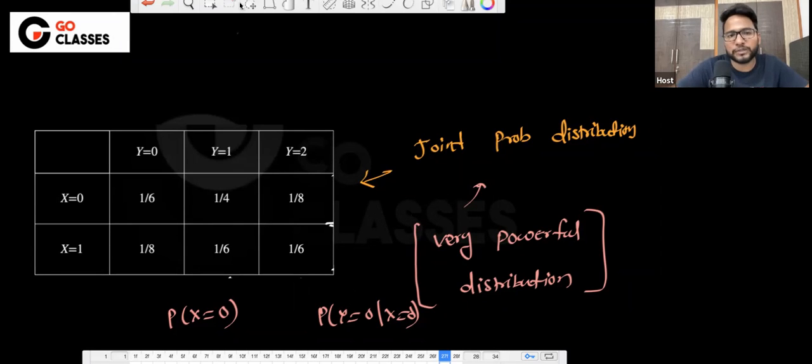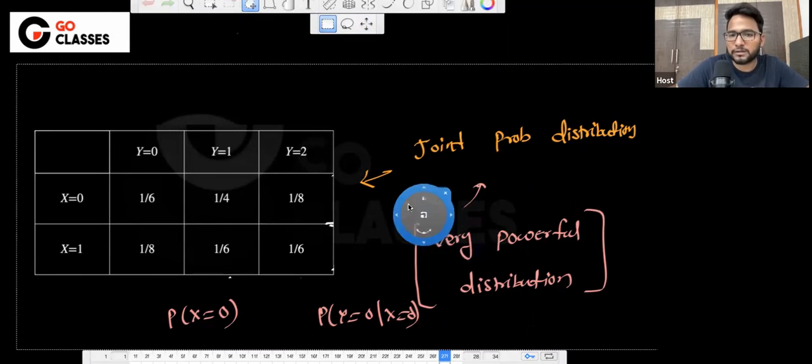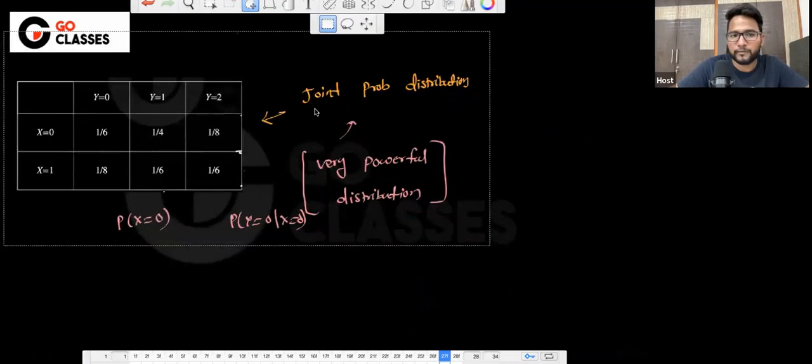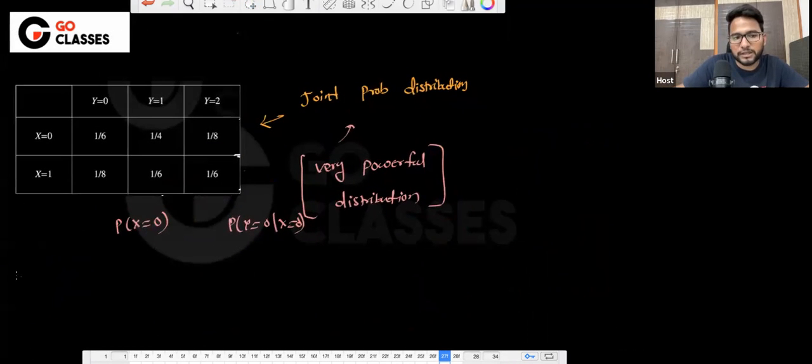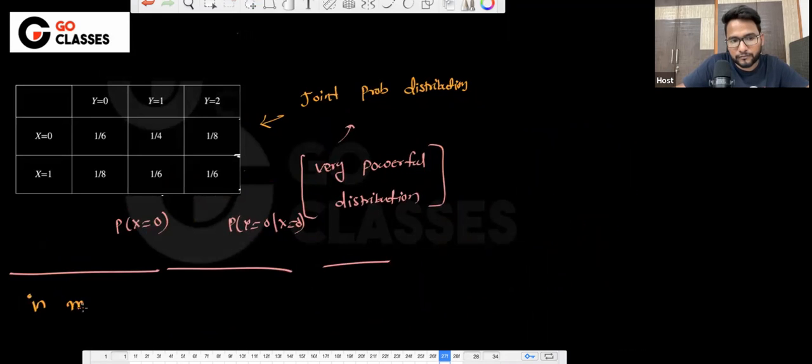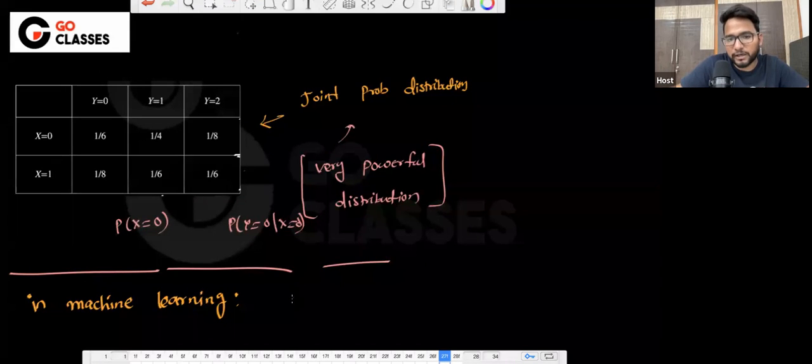In machine learning, obviously you don't need to know it, but there is a field. Has anyone heard of generative models, GAN and all? Okay. In machine learning, there is a dedicated field called generative models, with the discriminator and generator.